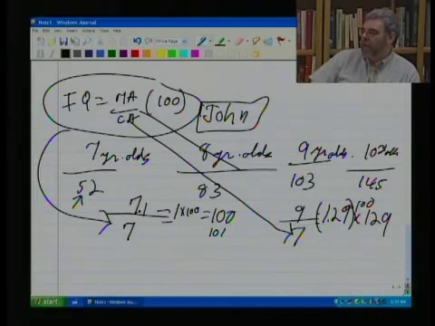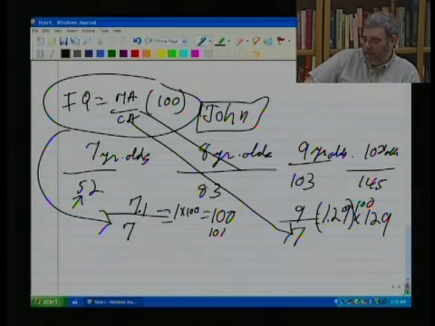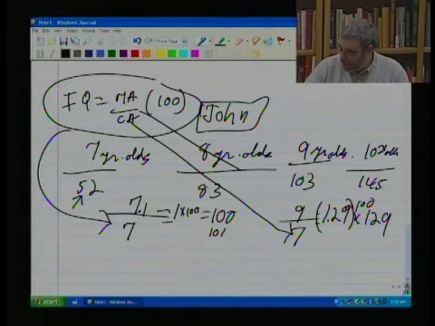So his IQ would be 129. You understand what we're saying? That's how it was done.